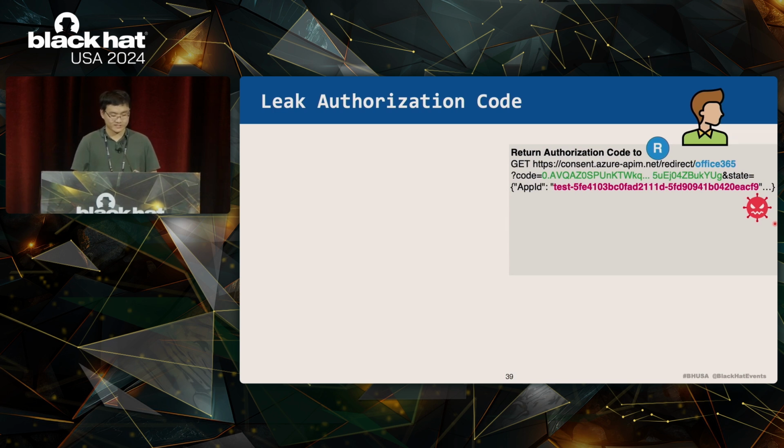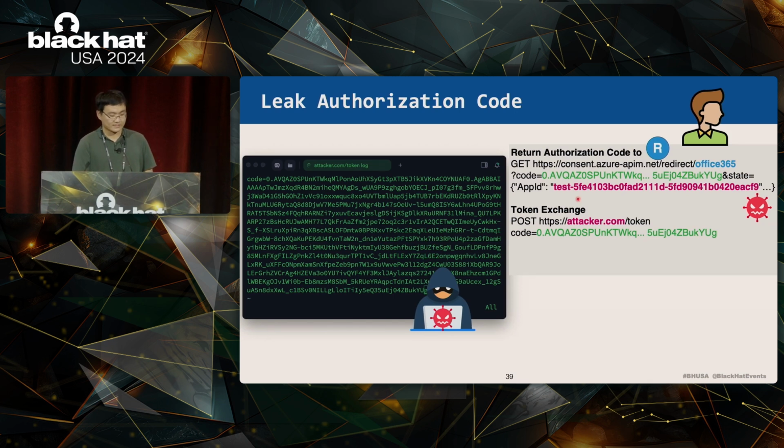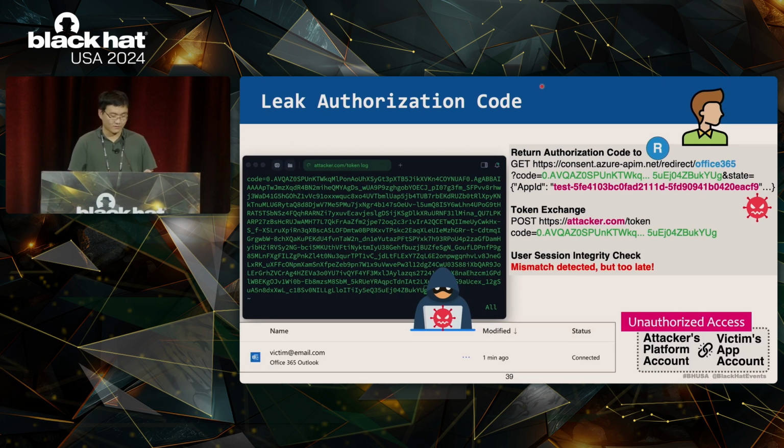So the platform would just send the victim's Outlook authorization code to the attacker, and that's how the authorization code is leaked to an attacker-controlled server. And after that, the attacker could just exchange the code for an access token and then bind it to their own platform account.